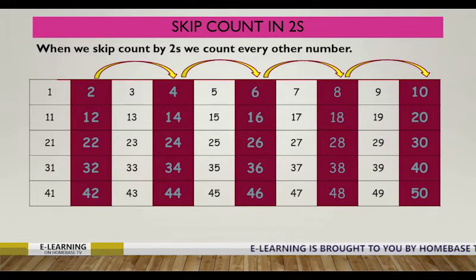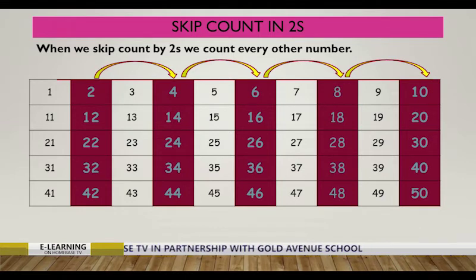From 40 to 42. From 42 to 44. From 44, we skip 45 to 46. From 46, we skip 47 to 48. From 48, we then skip 49 to 50. That's a skip count by twos.